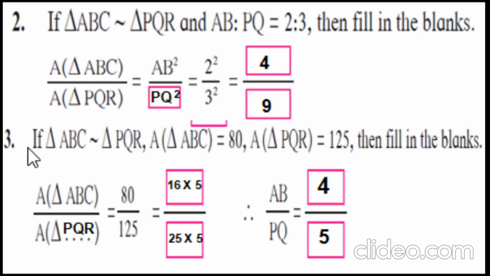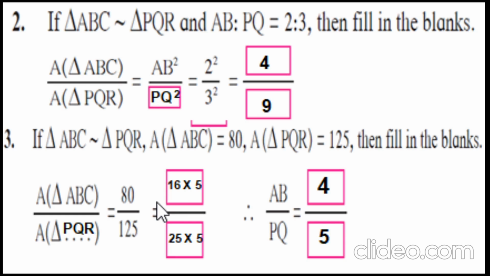Similarly, in question number 3, triangles ABC and PQR are similar. Area of triangle ABC is 80 and area of triangle PQR is 125 units. Then we have to fill in the blanks. Area of triangle ABC upon area of triangle PQR is equal to 80 upon 125.